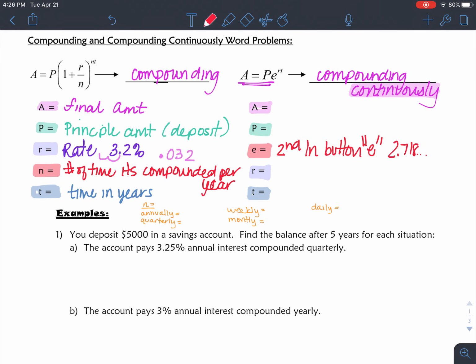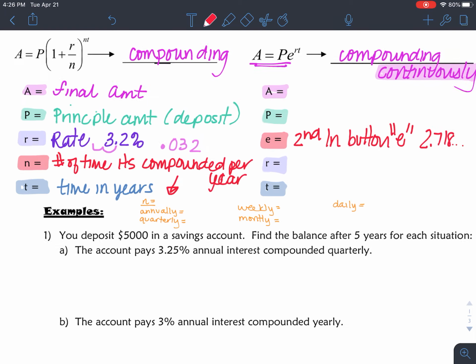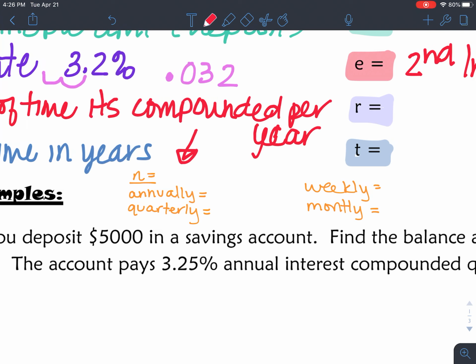All right, now N. Let's go down to here. N is the number of times it's compounded per year. The problem will tell you, like it could be compounded annually. Annually means 1.